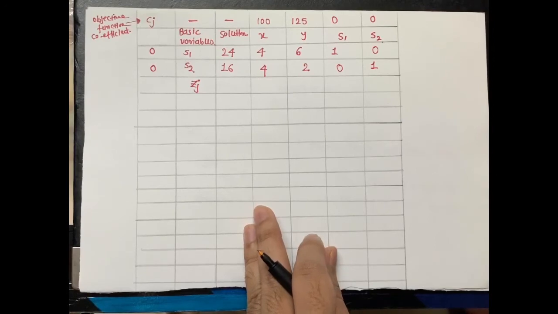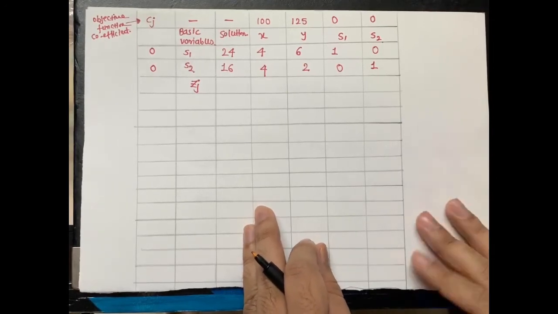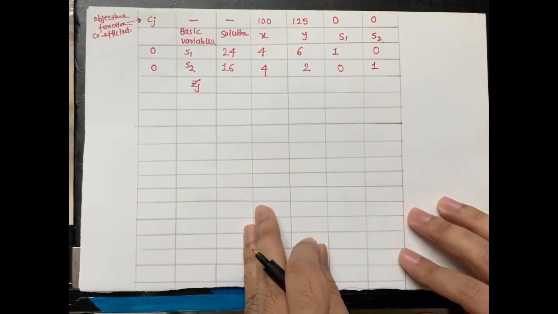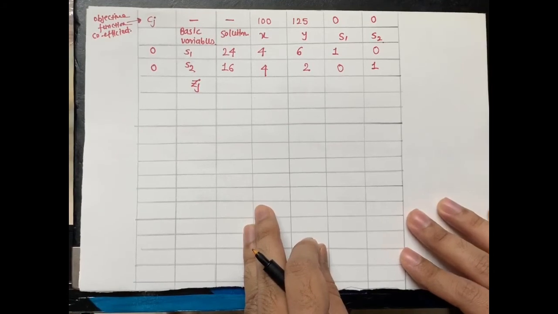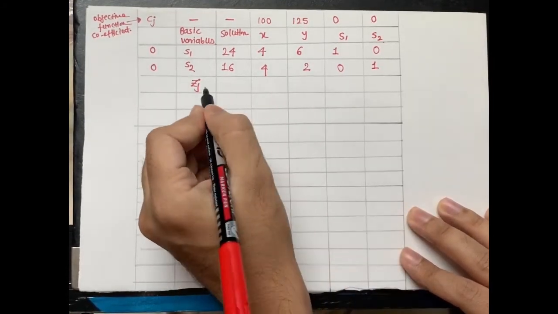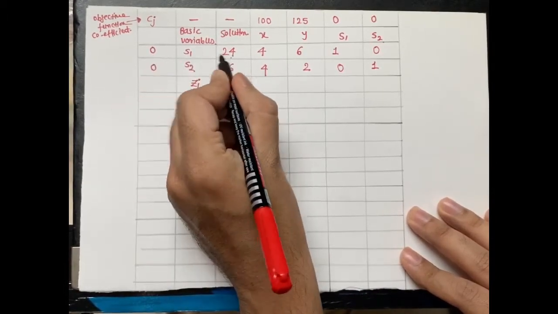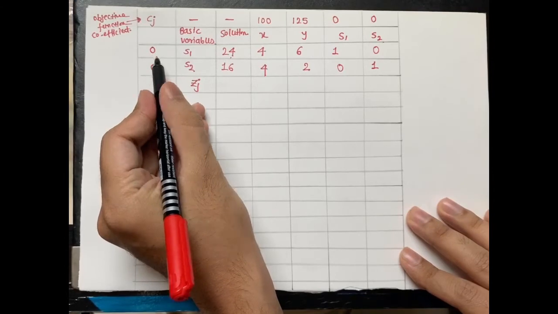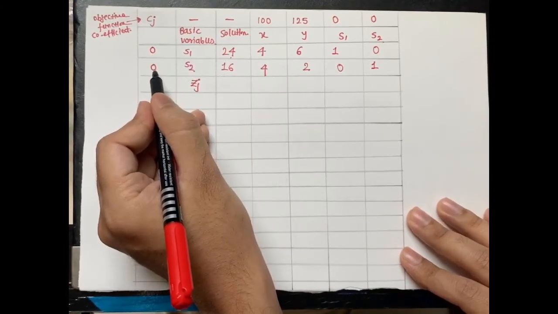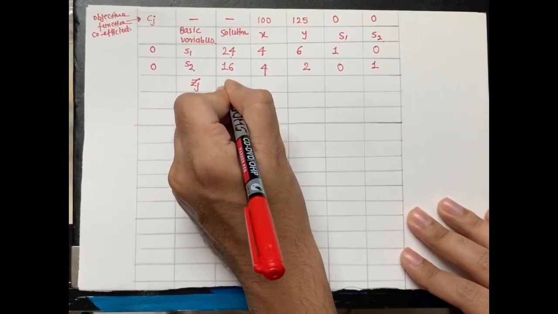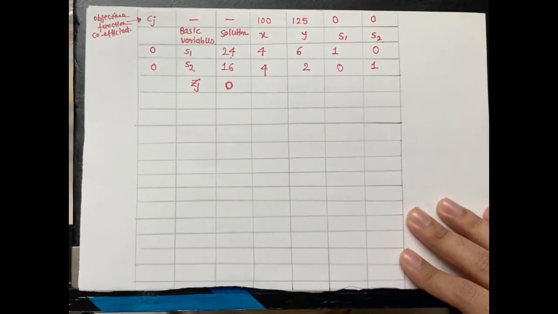Zj variable is actually a resultant of the Cj value and the coefficient values. The Zj is nothing but the multiplication of these two. See, 24 into 0 plus 16 into 0, so that gives me a 0 for this column.